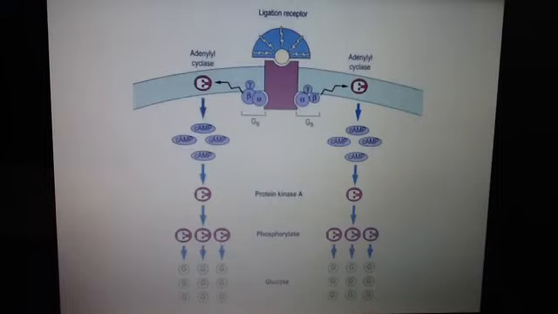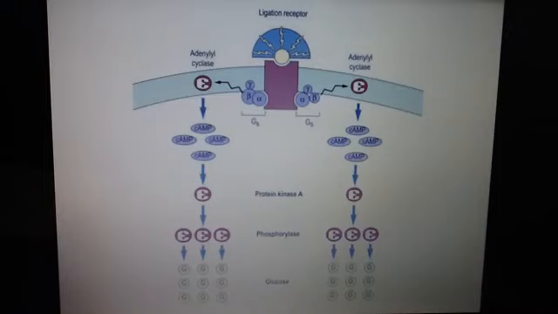The main point here is that we're looking at signal amplification, and we should understand that this is not a 1-to-1 ratio. With the second messengers, you are actually multiplying your ratio. Once the receptor binds to the G protein complex, it's more than one G protein complex, so you're having a lot of things happening in the cell.